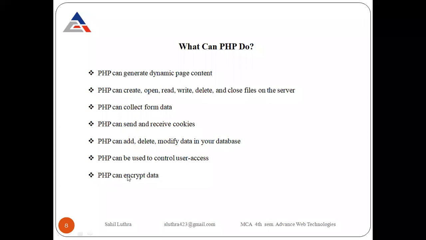You protect your data with the help of various mathematical techniques. There are lots of algorithms available, and with the help of those algorithms, you are able to protect your data from hackers. So this is one of the biggest advantages of PHP.